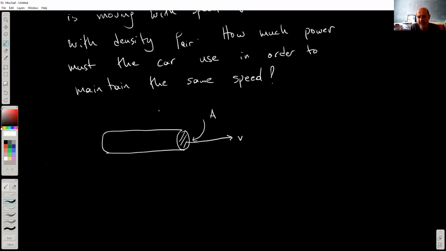The density of the air is rho. Because of that, there's air friction. The air friction tries to slow the car down, but the car somehow uses energy to also speed up in a way, but of course it only maintains that speed. So it is moving with constant speed now. How much power should it be using?